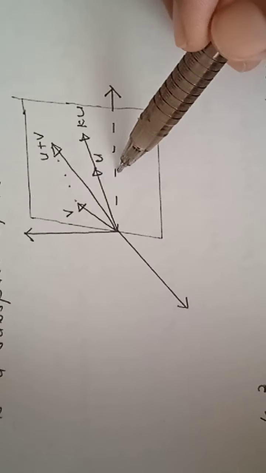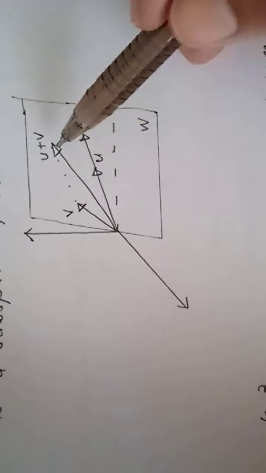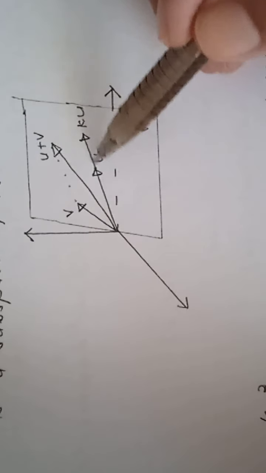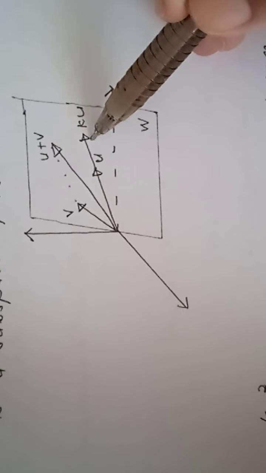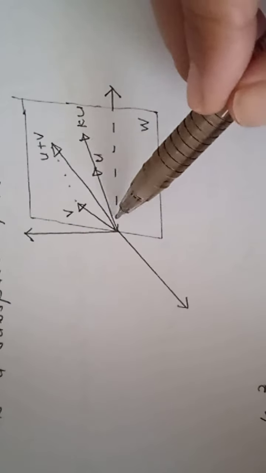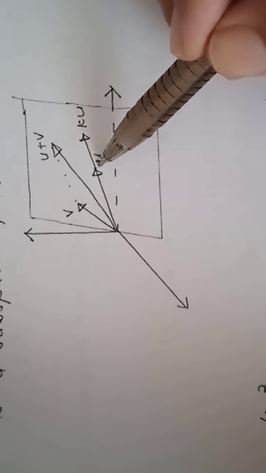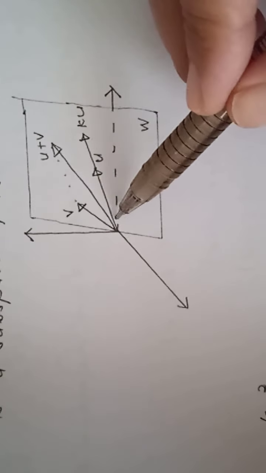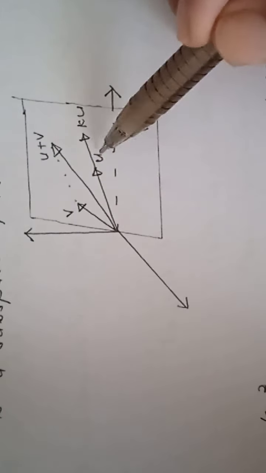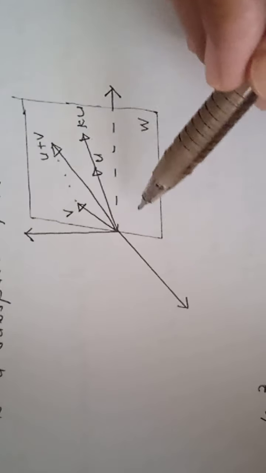u and v are in R3 and u plus v also lies in R3. First condition met. For the second condition, let k be any scalar and u a vector in R3. So ku is where we extend the vector u, and ku here also lies in R3.